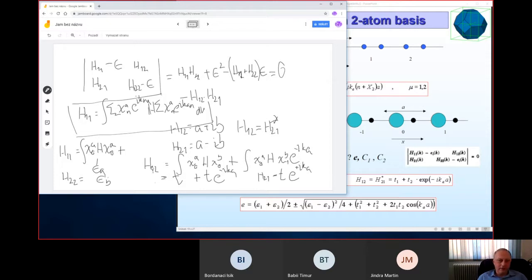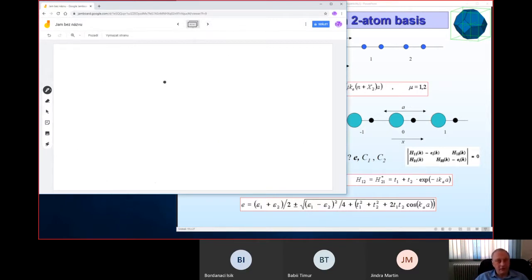So you see now that the hermiticity of the Hamiltonian matrix is satisfied, which means that this matrix element and this one are complex conjugates, because if there is a minus sign here at the complex part, it must be plus sign here at the element symmetrical with respect to the main diagonal, which results in the real values of the energies, because they must be real.